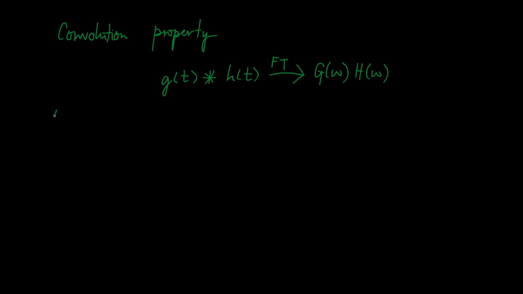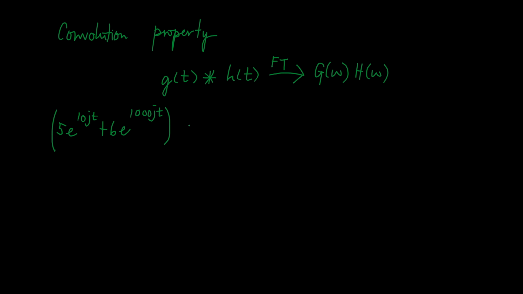The convolution property of the Fourier transform states that if in the time domain we apply convolution to g(t) and h(t), in the frequency domain it is basically a multiplication between G(omega) and H(omega).